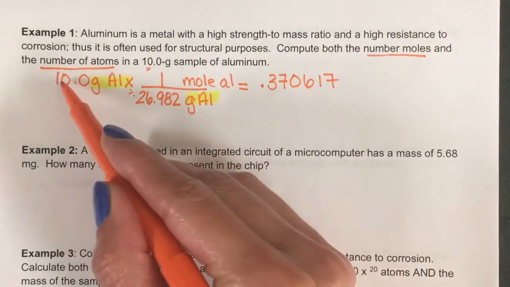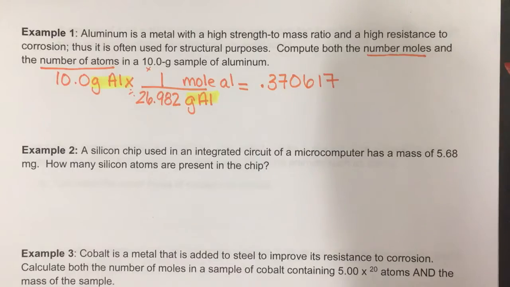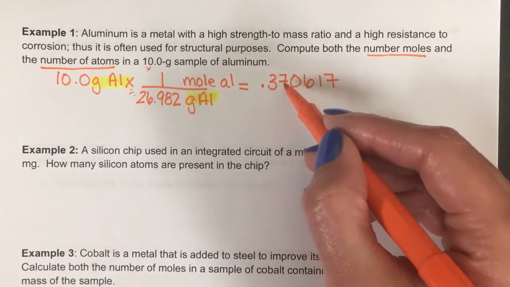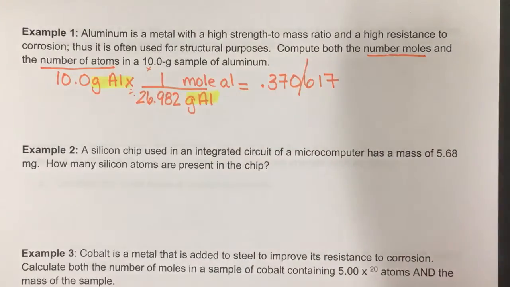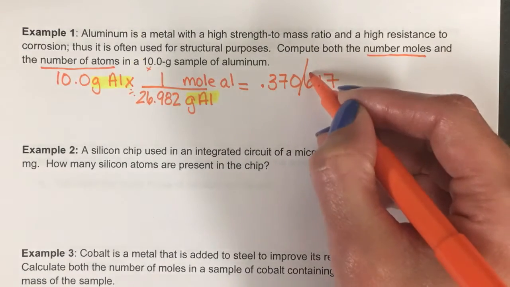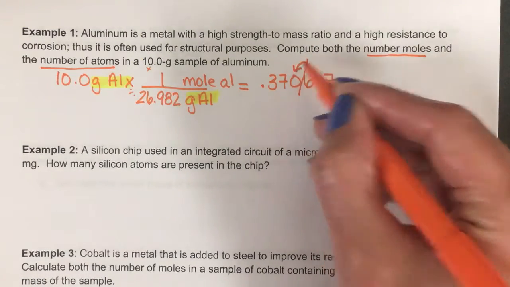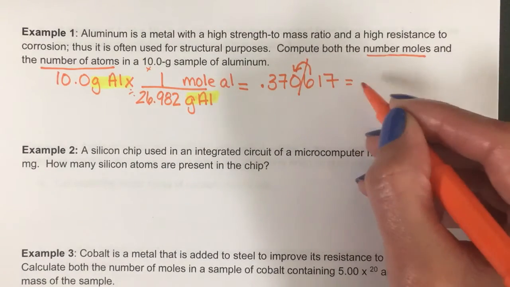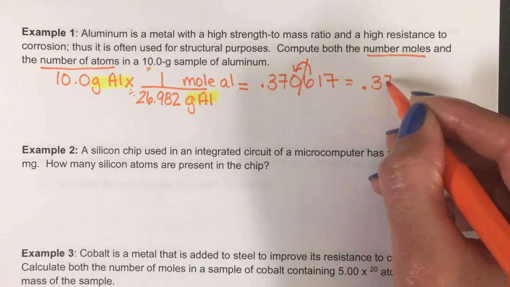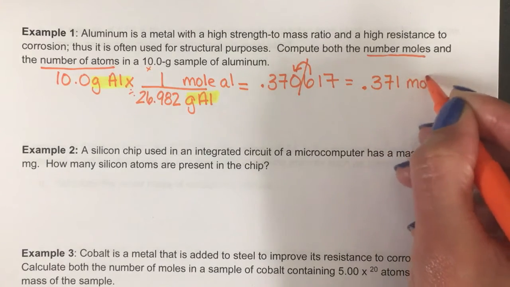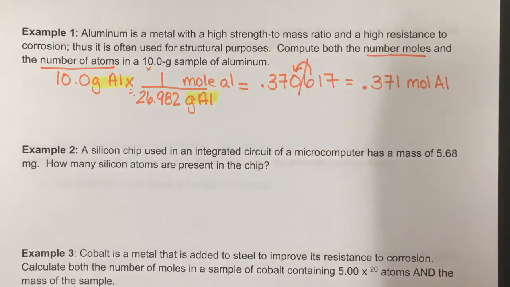I started with 3, so I need to keep 3 at the end. 1, 2, 3. I'm going to cut it off there because 6 is higher than 5. I round up. So I've got 0.371 moles of aluminum. Okay?